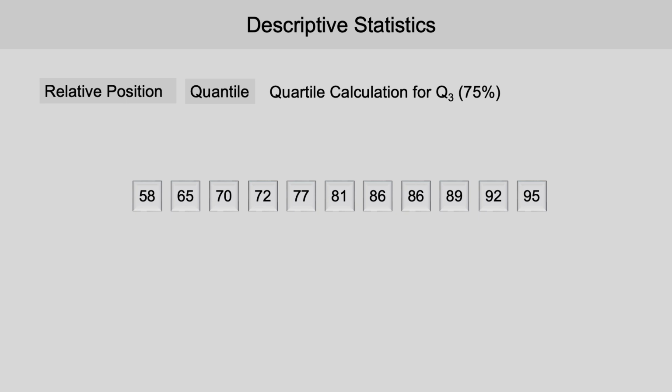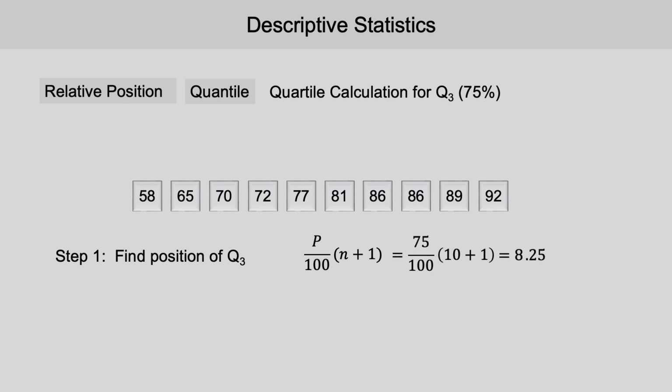Now, let's remove one value from this dataset, reducing it to 10 numbers, and recalculate the position for Q3. Applying the formula p% multiplied by n plus 1 with p% as 75% and n as 10, we get a position of 8.25. Since 8.25 is not an integer, Q3 is between the 8th and 9th positions.